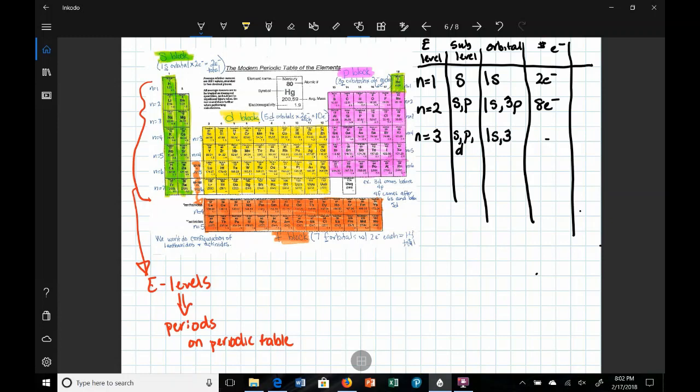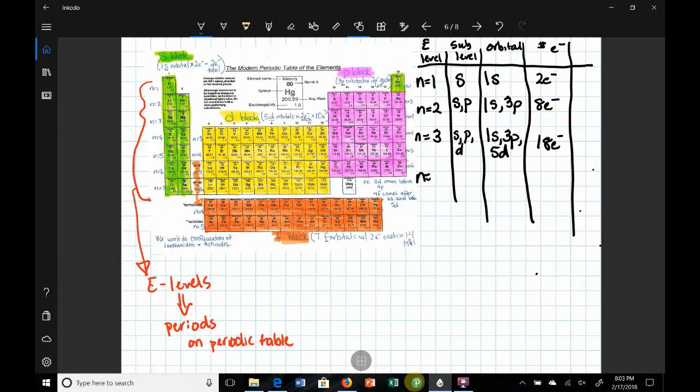We've got 1 s orbital. We're talking about orbitals. We've got 3 p orbitals. And if you remember, how many beds did we put in the house on the d level? In the d sublevel, we had 5 d orbitals. And if we remember, we had 18 electrons.